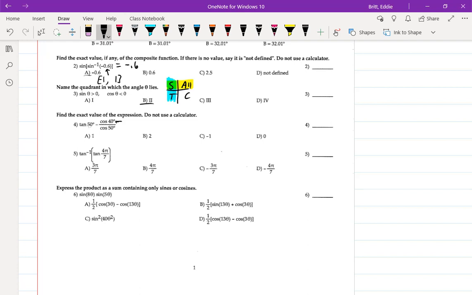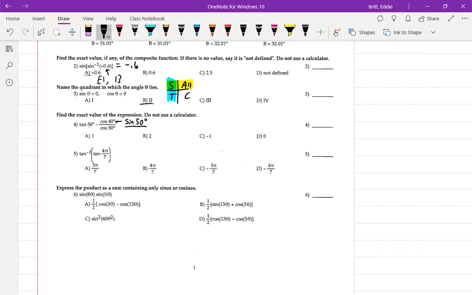So what you can do is change the numerator to the sine of 50 degrees. Remember, if the two angle measures of the cofunctions add up to be 90 degrees, then they're equal. The cosine of 40 is equal to the sine of 50, because 40 plus 50 is 90.